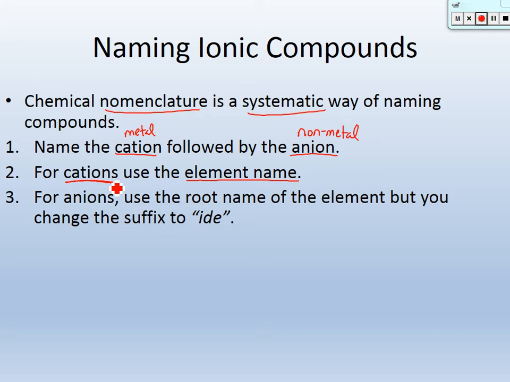Okay, third rule. For anions, you use the root name of the element, but you change the suffix to IDE. The suffix is the last part of the name, the part that comes at the end. You're going to change that ending to IDE. So for anions, you're going to just change the end of it to IDE.